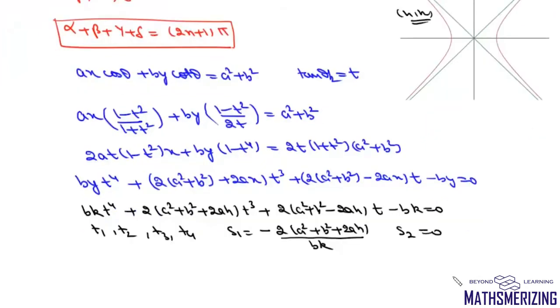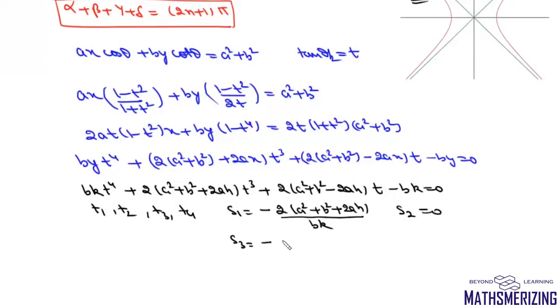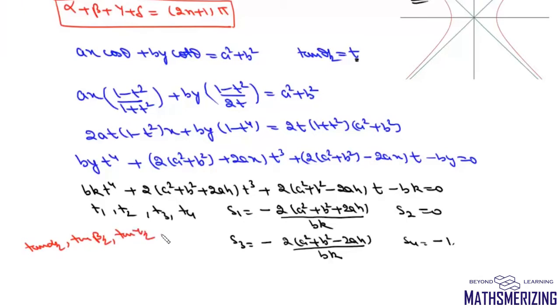Value of s2 will be 0, s3 will be minus 2(a square plus b square minus 2ah) upon bk, and then s4 will be minus bk upon bk, so it will be minus 1. Now we have taken t as tan theta by 2. So the 4 roots of this equation will be tan alpha by 2, tan beta by 2, tan gamma by 2 and tan delta by 2.